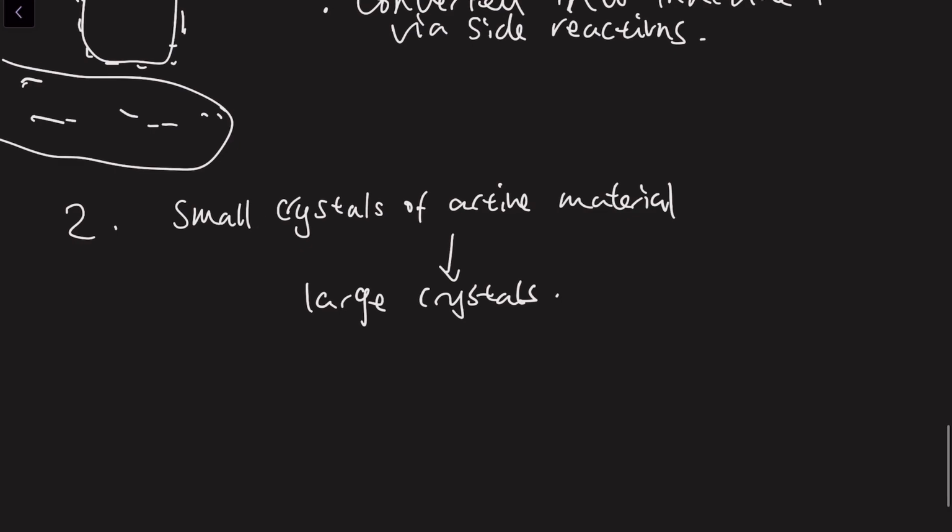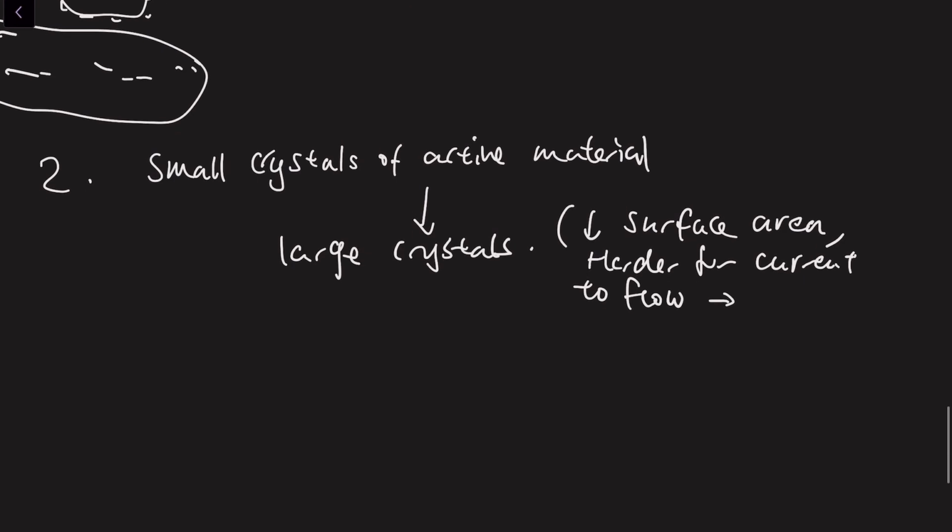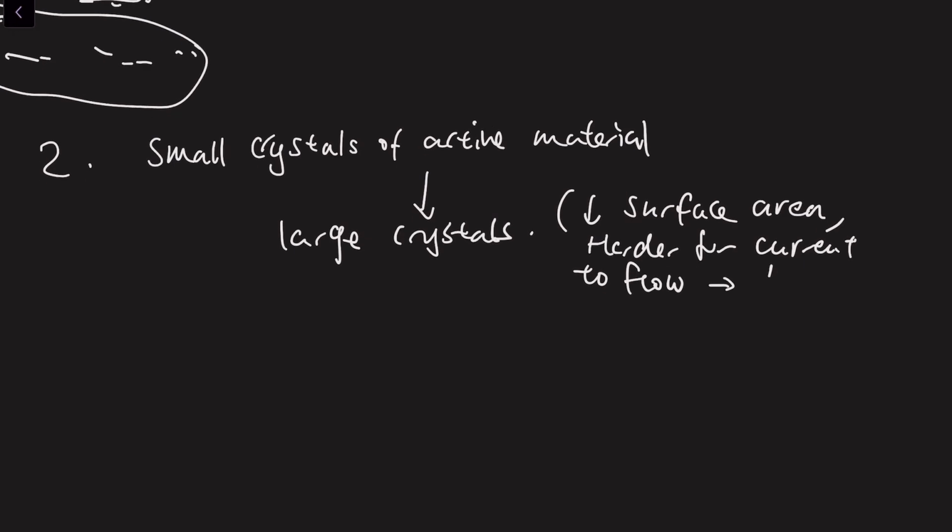And this essentially decreases the surface area. And when surface area decreases, it's harder for current to flow, and thus decreases the battery capacity.